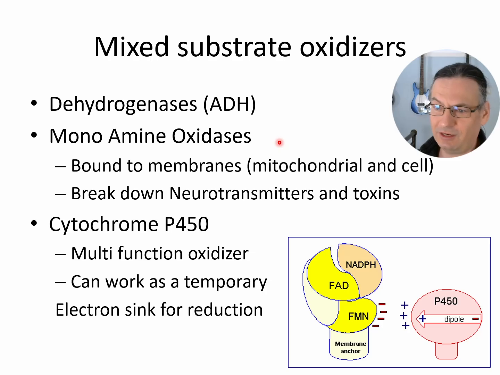So things like humic and fulvic acids that are more refractory. Think of these as multi-purpose enzymes, and they're going to essentially be group specific or linkage specific, and they're able to break things down.